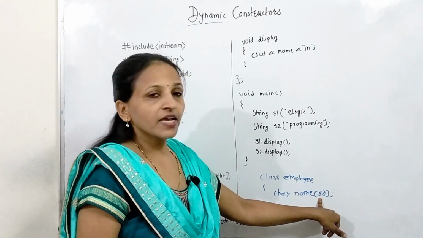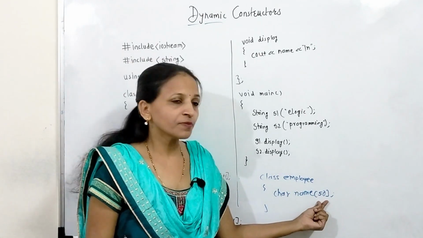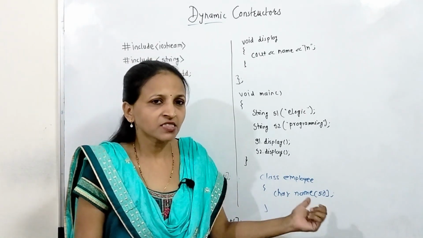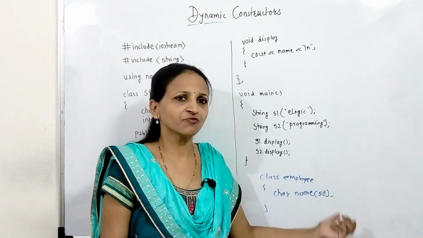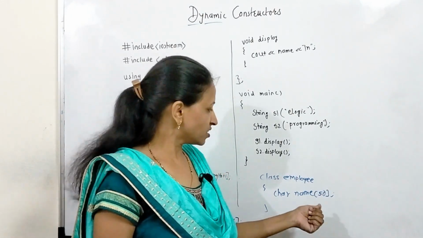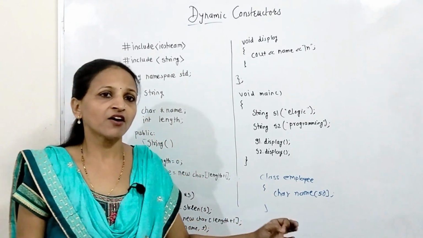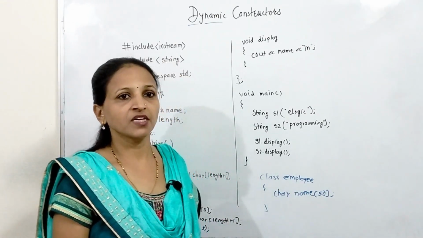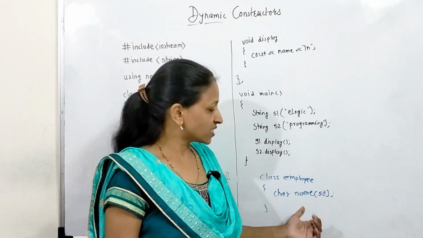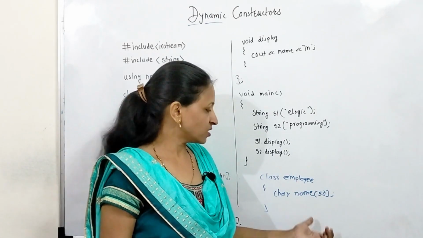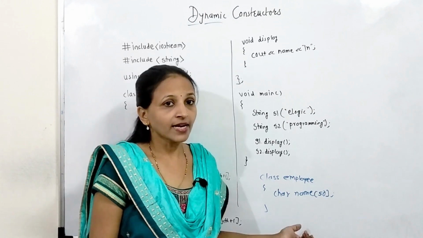Now see, here I have mentioned the maximum size of this character array as 50. Maximum size means the size of this array is 50. Means inside this member we can only store a string having maximum size 50. If any employee's name exceeds this size of 50, then this member is not capable of holding that name.